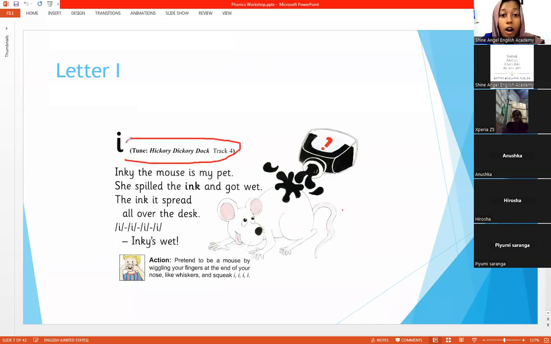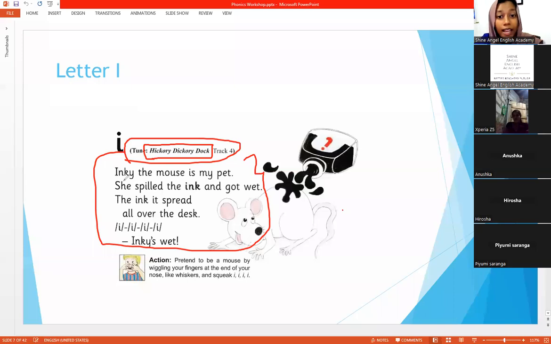You can use the tune of Hickory Dickory Dock and say these words, like Hickory Dickory Dock, the mouse will rock the clock. I will be doing an example, so you don't have to worry.